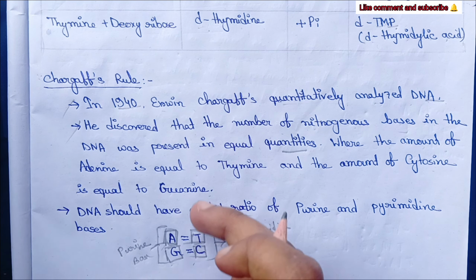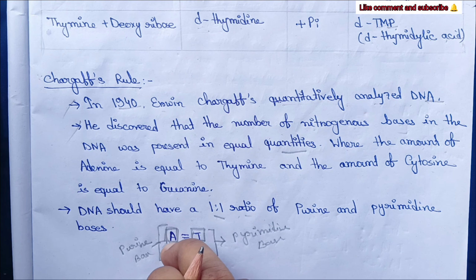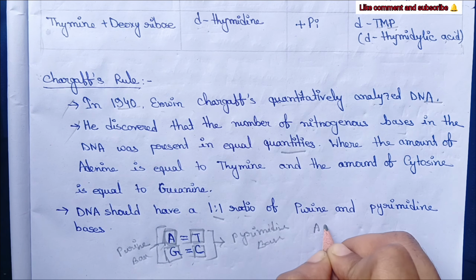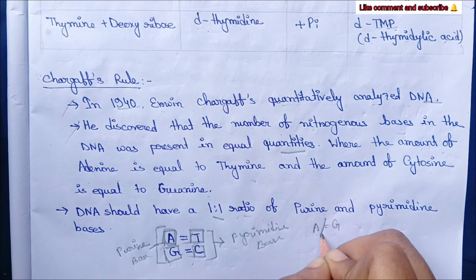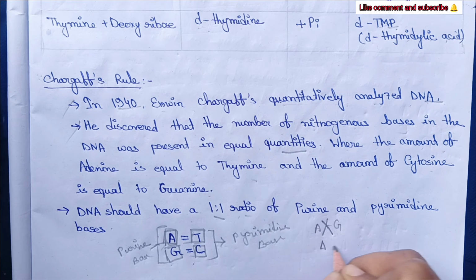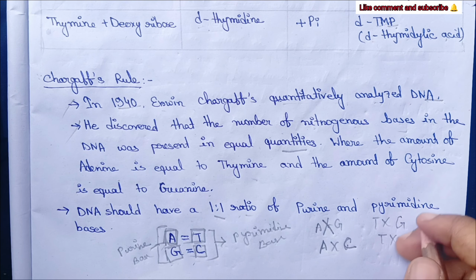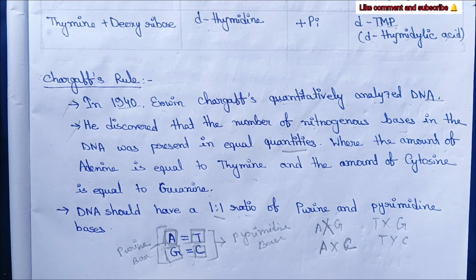Adenine and thymine are present in equal number, and guanine and cytosine are present in equal number. But adenine and guanine cannot be present in the same number, nor adenine and cytosine, nor thymine and guanine, nor thymine and cytosine.